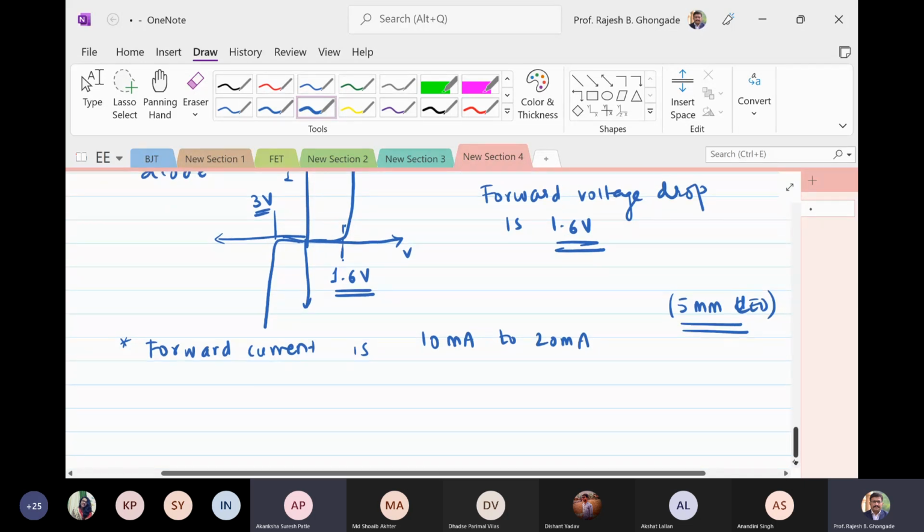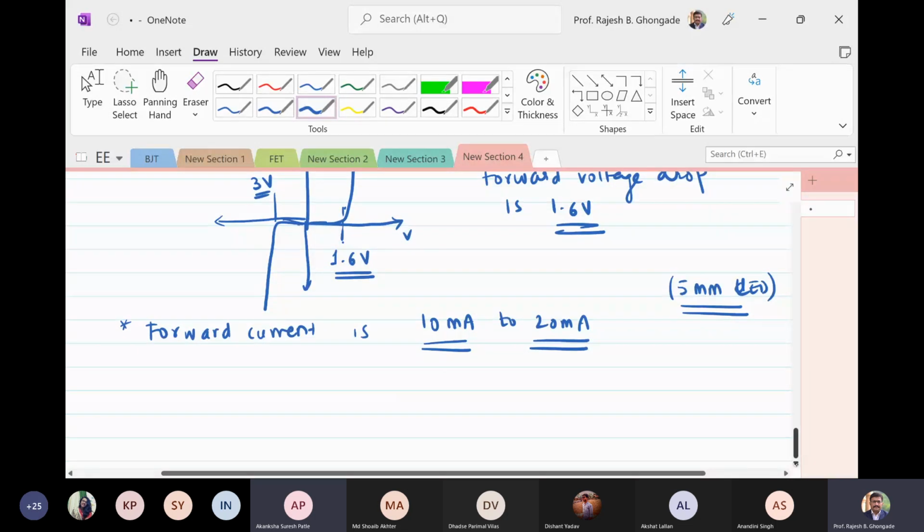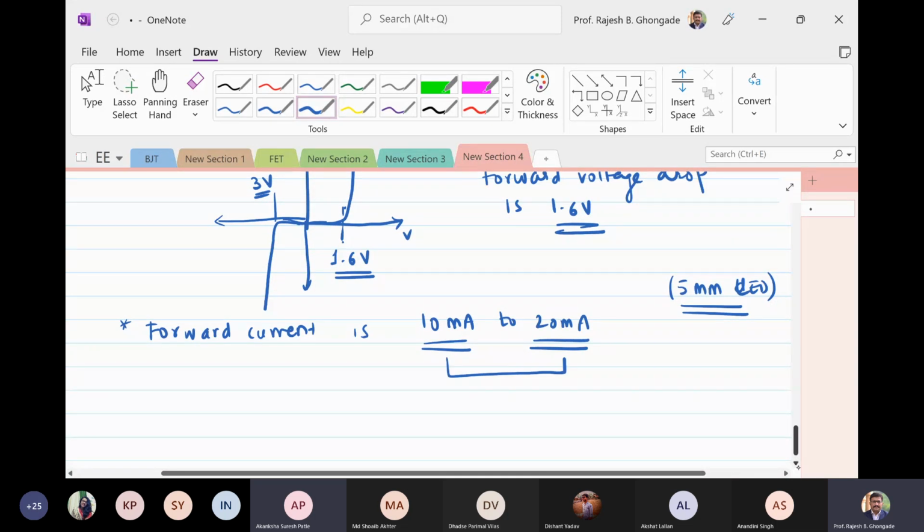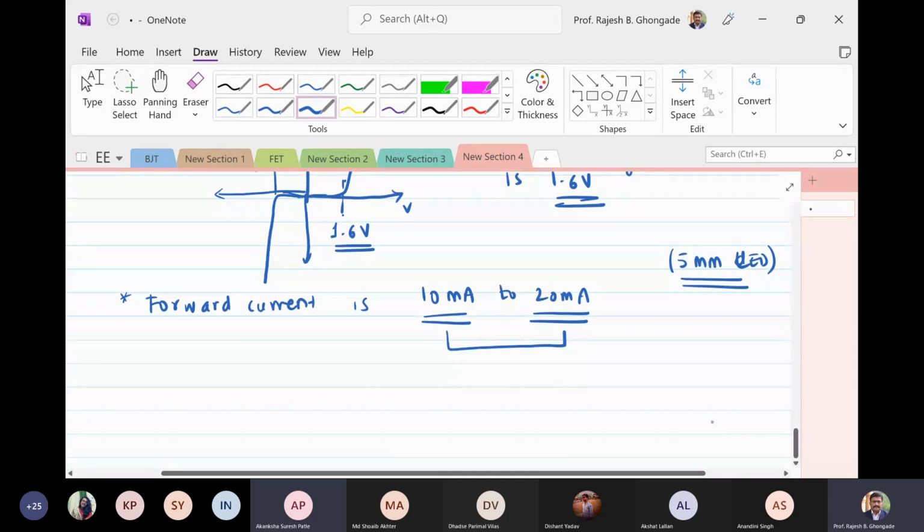In simple plain words, you should not exceed 20 milliamperes in any case through the LED, and below 10 milliamperes it may not be visible. So you have to always make sure that the current flowing through the LED is between these two limits. Now for infrared LEDs, this forward current can be up to 60, 70 or even 100 milliamperes also.